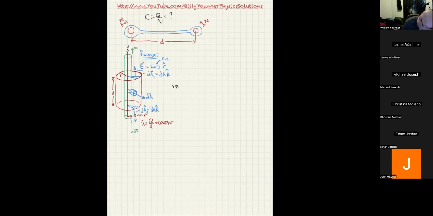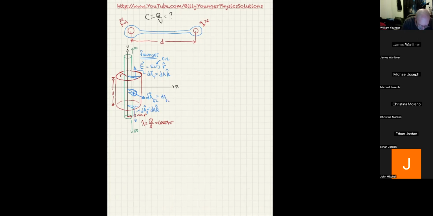And I tend to call this in my class, I imagine this Gaussian surface as if it's a can of soup. That top is obviously the top of the soup can, the bottom's the bottom of the soup can. But this part right here that I'm working on, I call the soup label. So I subscript that just SL, and that's equal to dA.